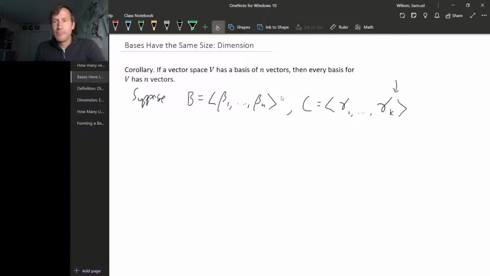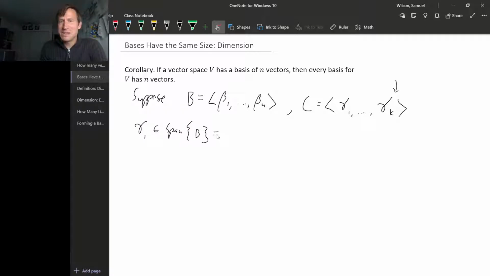So let's start exchanging gammas for betas. All right, so gamma 1 is in the span of B, right?